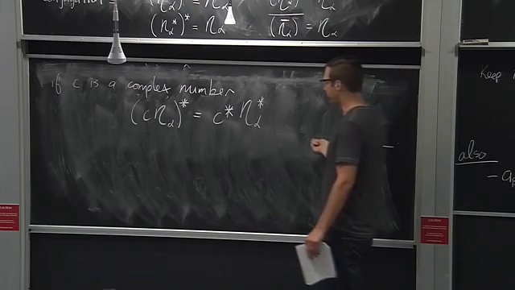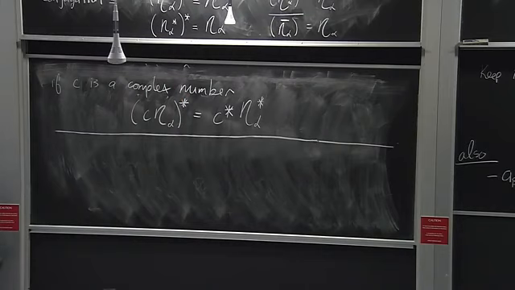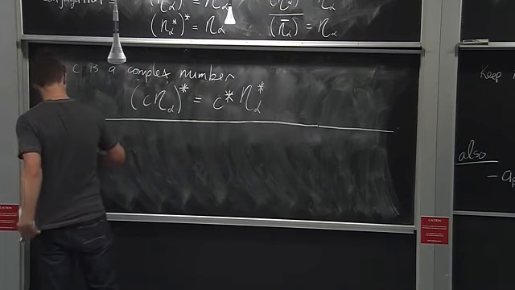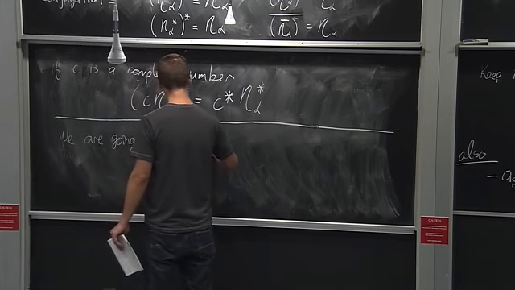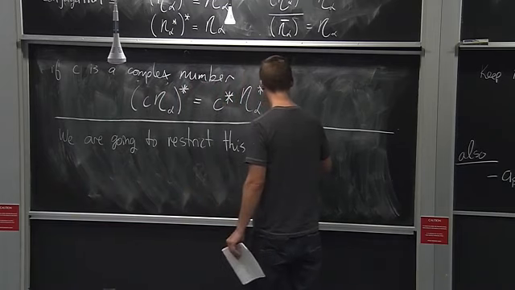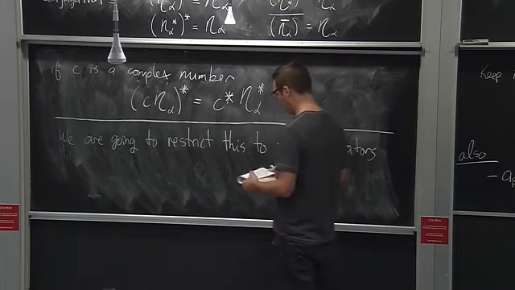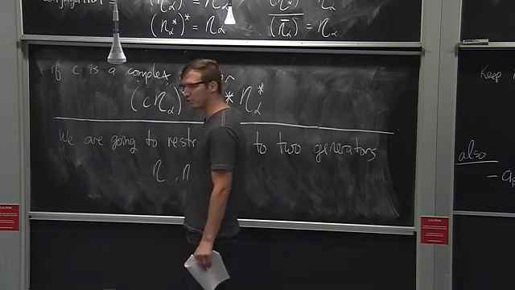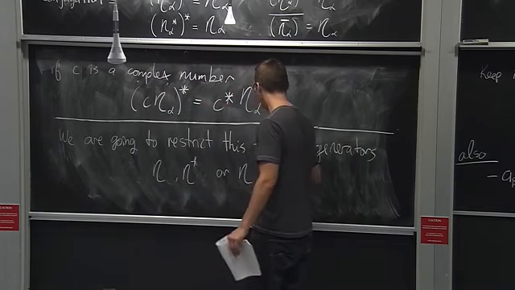So for our fermions, we're going to restrict this to 2 generators. I'll call them, there's no index then. I could call them 1 and 2, but we're just going to call them eta and its conjugate, eta bar.